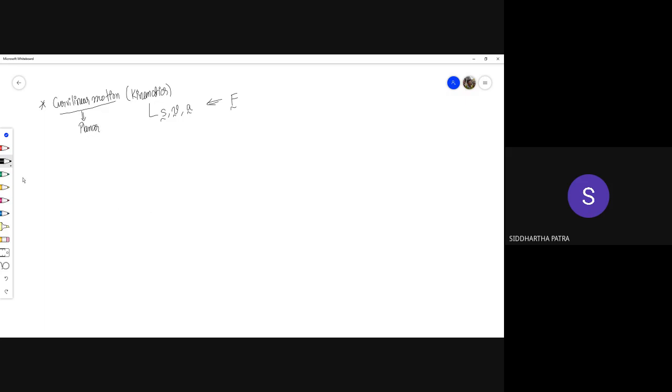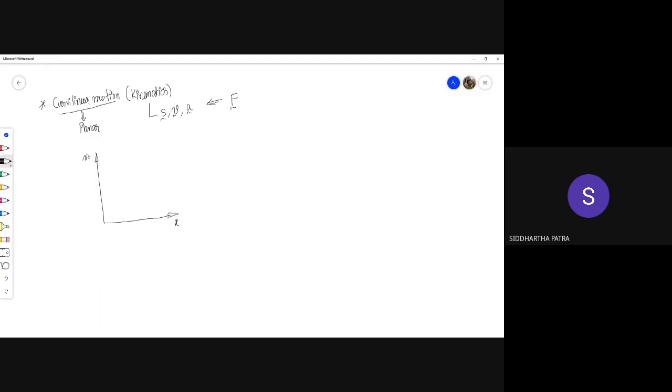So imagine these are the Cartesian axis.